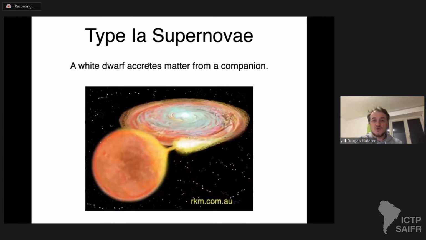The objects used for discovery of dark energy are type 1a supernovae, which are thought to be, not completely proven yet, cases where a white dwarf accretes matter from a companion star and hits the Chandrasekhar limit and undergoes thermonuclear explosion. It's known that every such explosion is about the same.